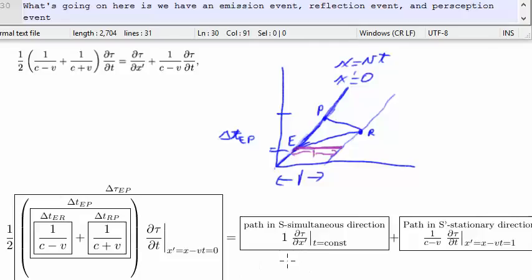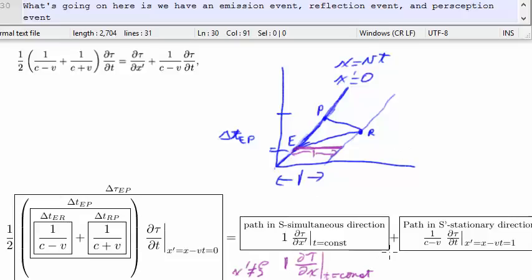Now we could just as well say del tau del x, where t is constant, because these two things would come out exactly the same. And it should be noted that x prime is not equal to psi.